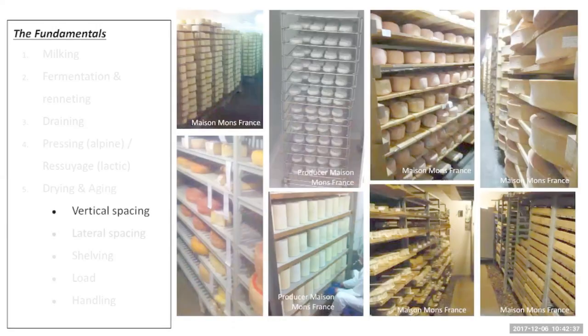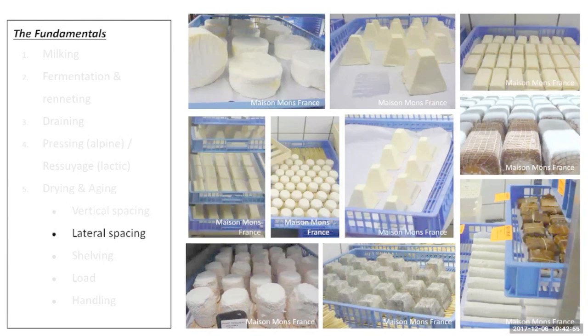When we're looking at treating things uniformly, we're looking at even vertical spacing. These are just a few different examples where we have fairly uniform vertical spacing. That's not totally uncommon. What's more or less common is lateral spacing. How do you space it out laterally to ensure a uniform airflow around a product?